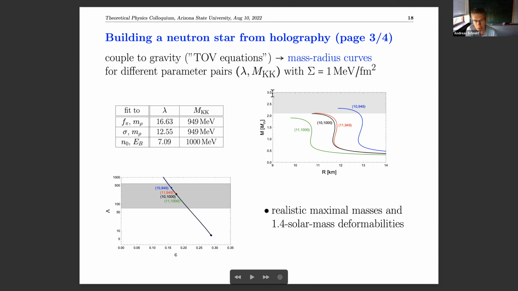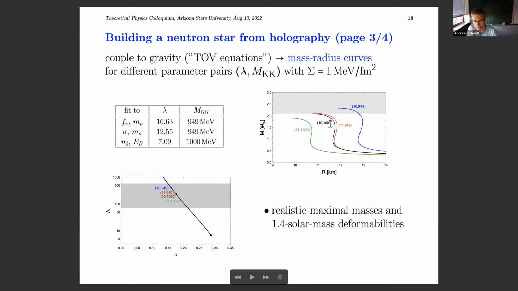So now I translate my equation of state, right? All the thermodynamics I explained to you from the holographic model translates into an equation of state. Obviously, this is coupled to gravity by the Tolman-Oppenheimer-Volkoff equations, and I get mass radius curves for the resulting stars. So these are these curves, and for each of these curves, I've chosen a pair of lambda, MKK. So these are the 2 values.